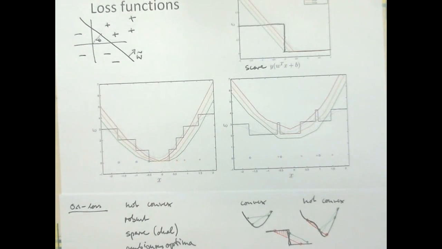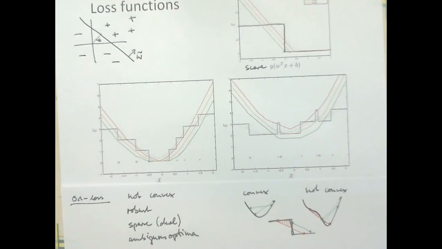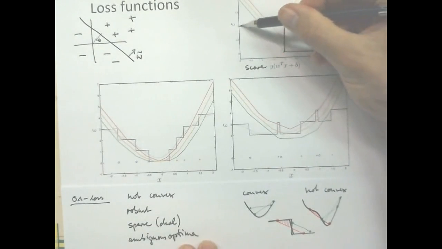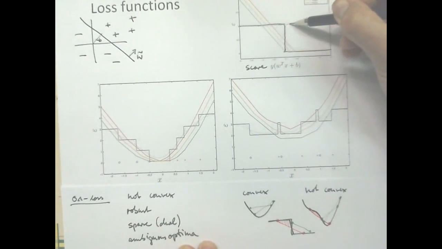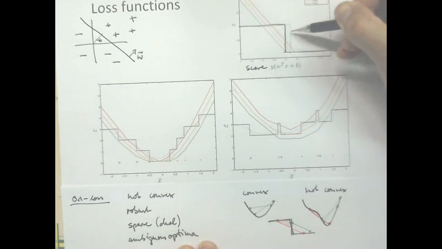So one way to reduce this ambiguity is actually to use this shifted margin. So that's plotted very, very faintly. The shifted margin is also a step function, but it has its step over here, okay?